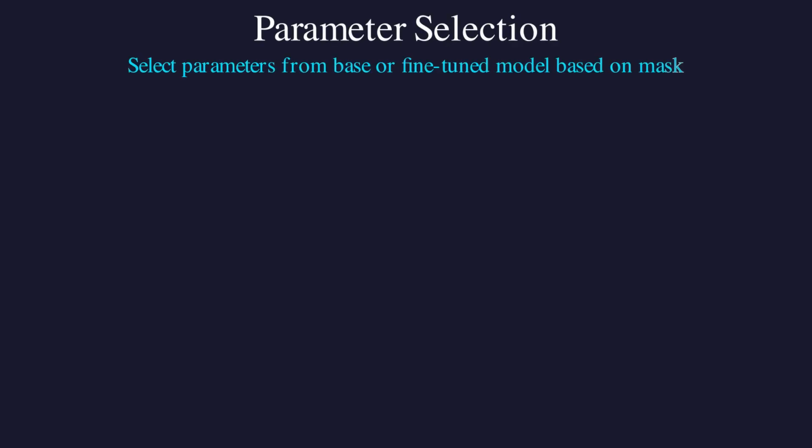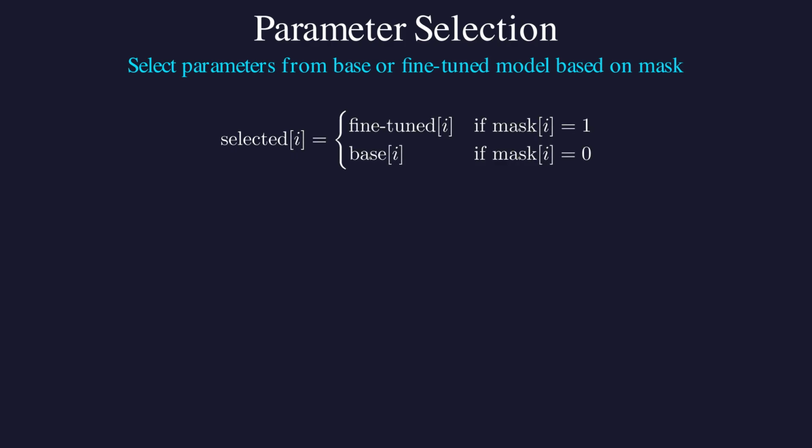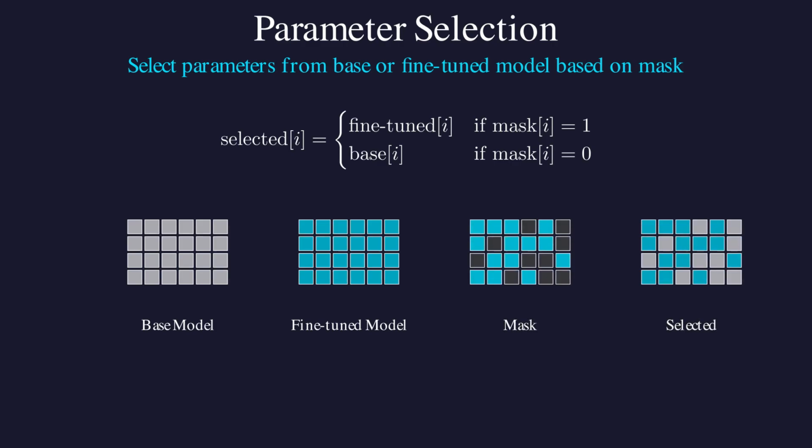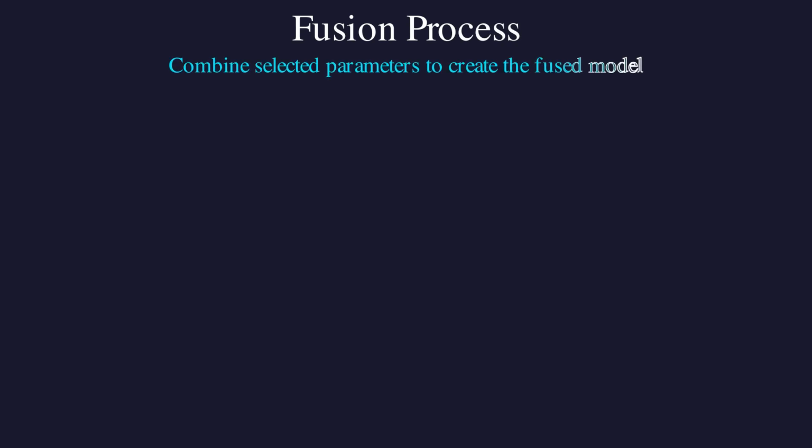Next, we can select which parameters in the base model need to be replaced by their fine-tuned equivalent. Just looking at the mask, we cherry-pick the fine-tuned parameters that go into the merged model. And if they're not selected, we keep the base parameters. And that's how Arcee Fusion works.